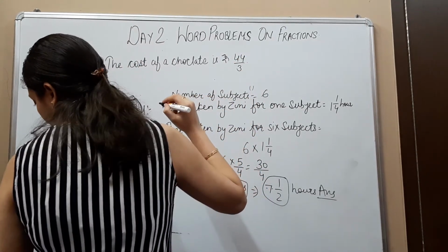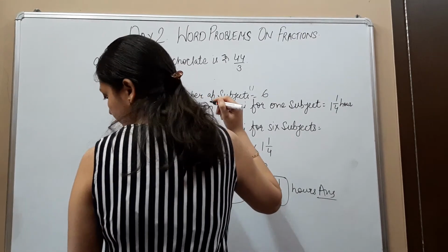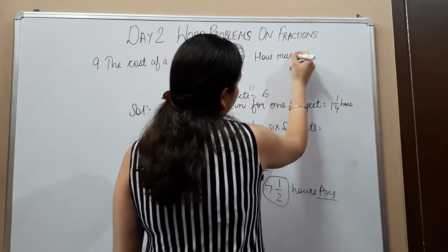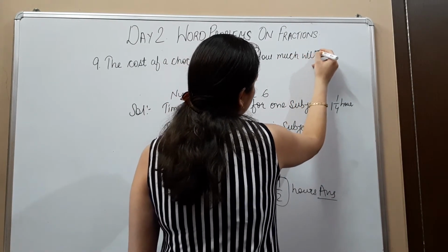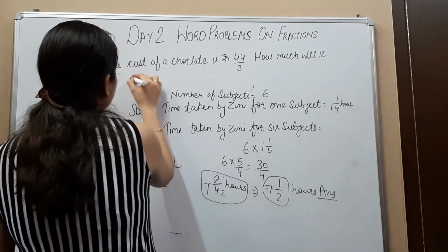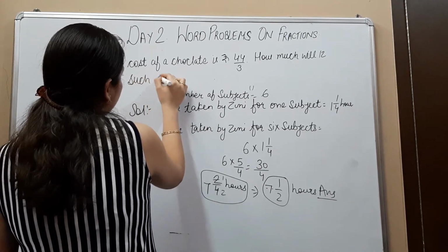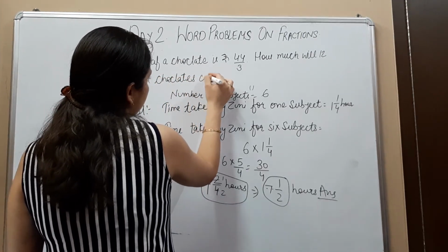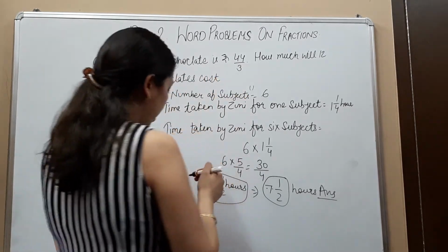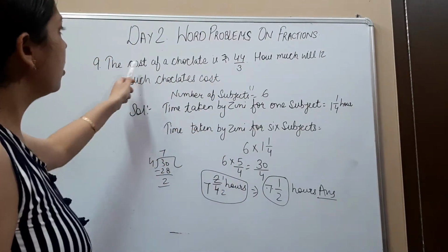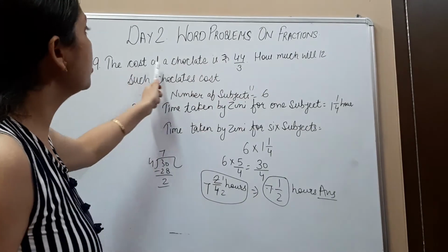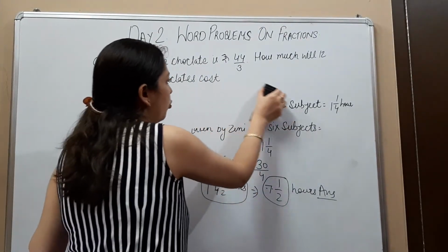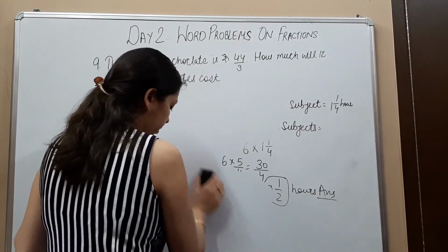And you have to find how much will 12 such chocolates cost. So as you have given in this question the cost of a chocolate, and you have to find the cost of more chocolates, what you will do, you will multiply it.